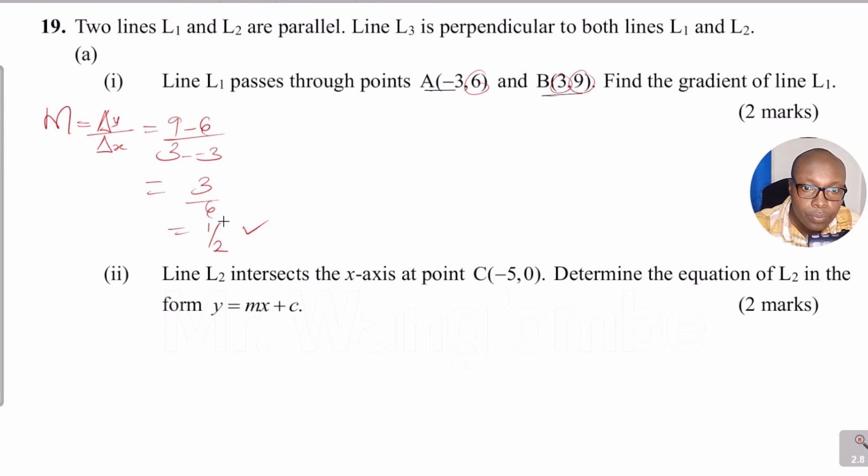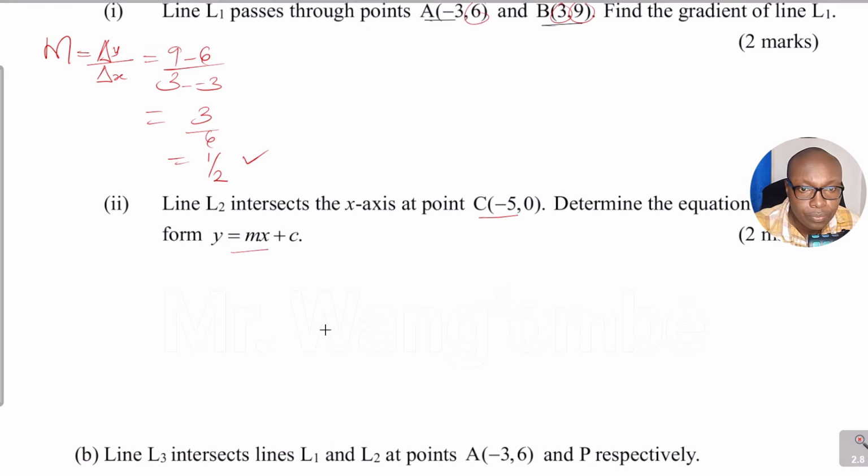Part 2. Line L2 intersects the x-axis at point C, -5, 0. Determine the equation of L2 in the form y equals mx plus c. So L2 intersects the x-axis at point C, -5, 0. That means C is a point on line L2, and you need to get the equation of line L2.